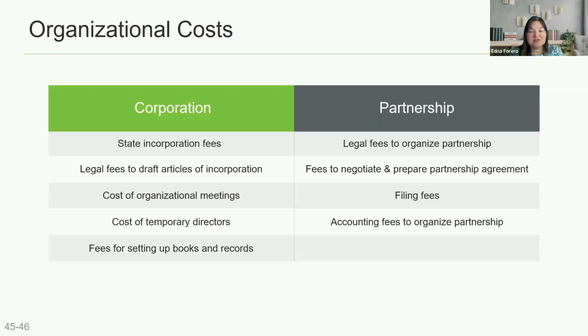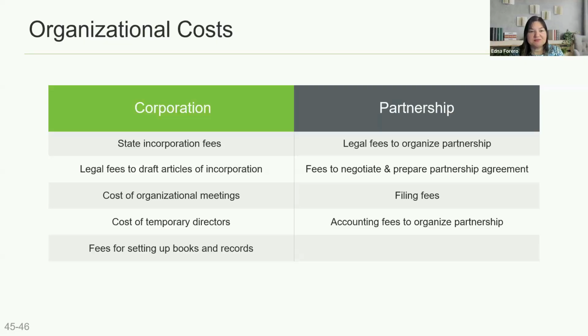You might have temporary directors or consultants that come in to help you set up your corporation, and you have someone to help you set up your books and your records. These are all pretty common organizational costs. On the partnership side, again, you might also have some legal fees. You might have fees to negotiate and prepare the agreements, to file the fees, or other accounting fees to organize the partnership books.